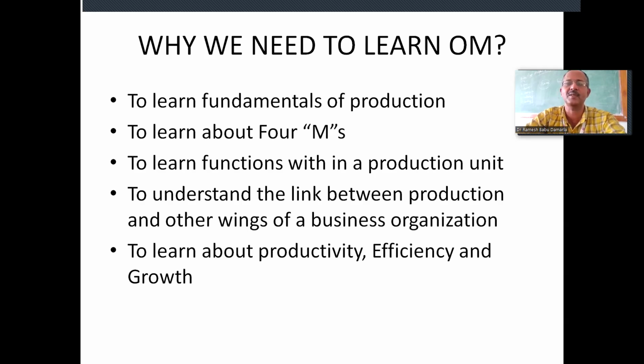So we need to understand the link between production and other functions also. And also we need to learn about efficiency. How efficiently we are doing so that we can place our product in the market at a competitive price, better than competitors' price, and productivity and growth. For this purpose, we are going to learn production and operations management.